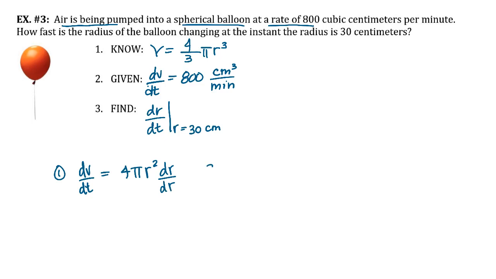And now our second step, just like the previous one, we need to substitute. Okay, so if we can substitute, let's see what we have. We know dV/dt was given to us, so that's going to be 800, and we can put in our units or just leave them out.